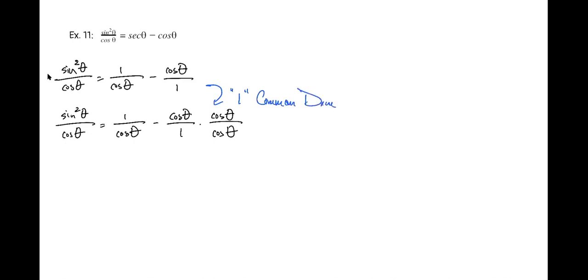And so we would multiply the cosine theta over 1 by cosine theta over cosine theta. And that leads us to cosine squared theta over cosine.